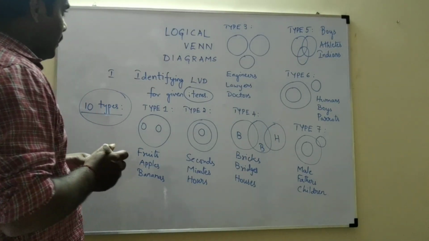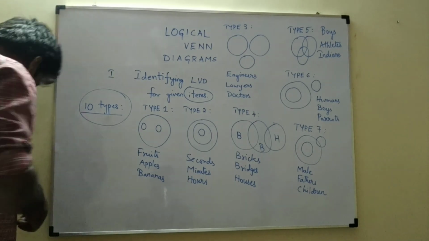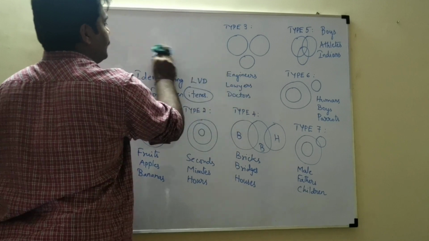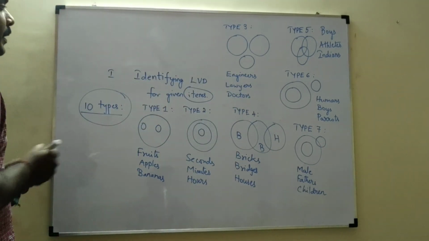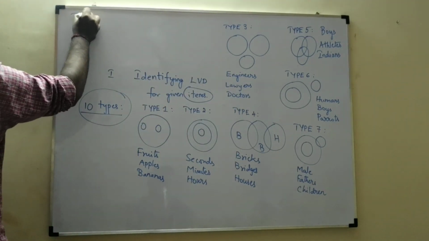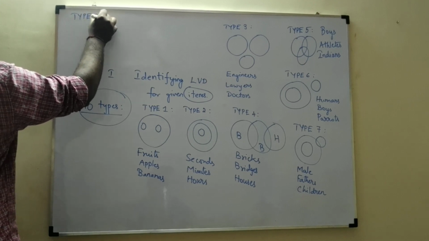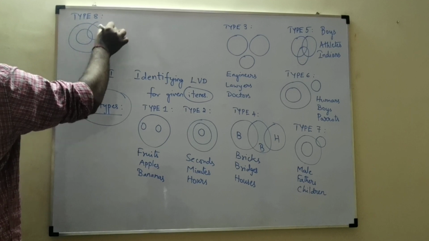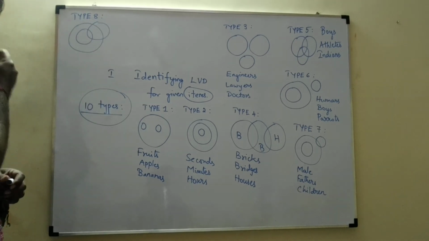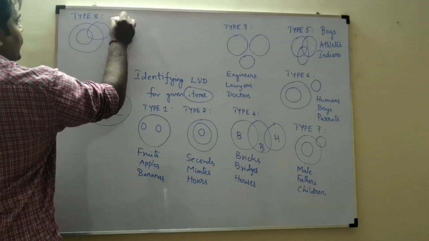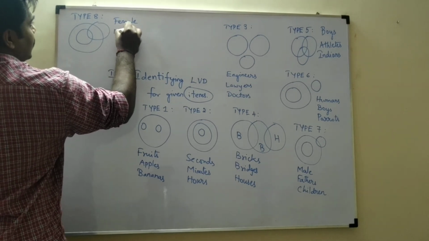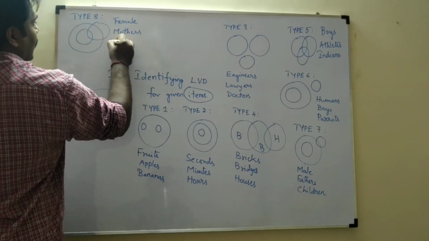Then type 8, where one item belongs to another and the third one is connected to both. So an example: female, mothers, doctors.